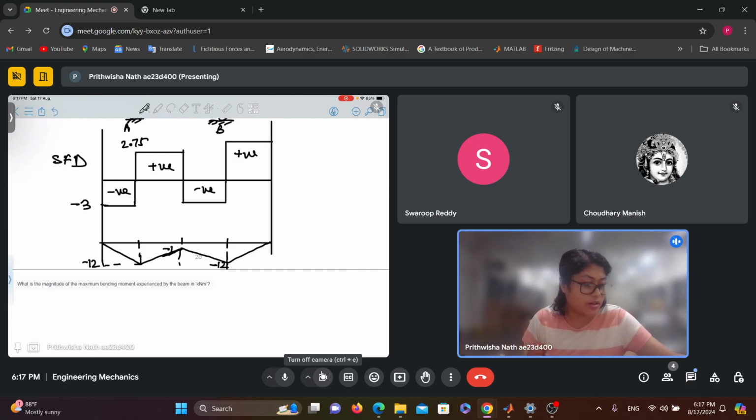And at the end it is 0, right? Can you calculate and tell me if the values are correct. Did you understand how I got this? Is this clear?